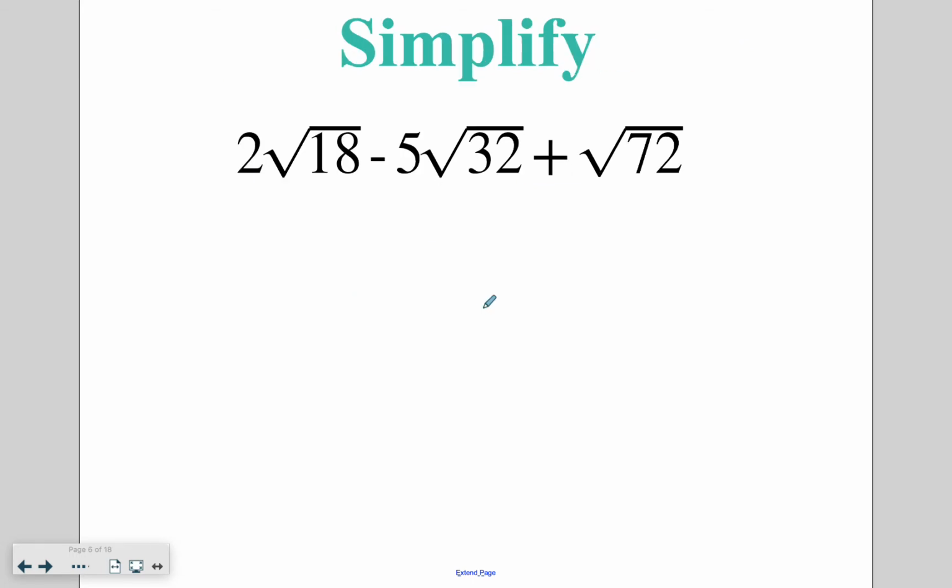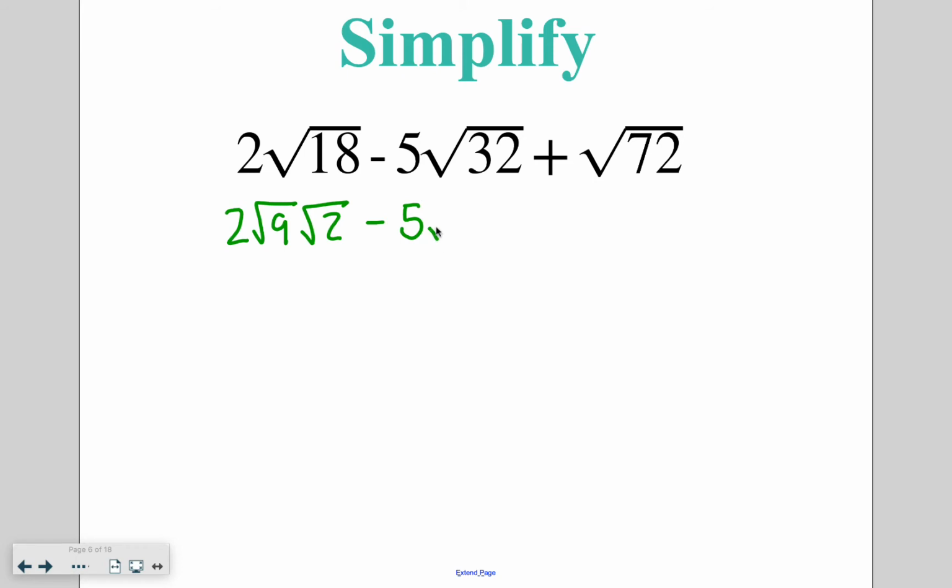Sometimes in order to be able to do the addition and the subtraction, we have to simplify the radicals first. So this is combining today's lesson with the last lesson. When I look at 2 square roots of 18, I know that 18 can be divided by a perfect square. So it's actually 2 square root of 9 square root of 2. Minus, I also can simplify 32.